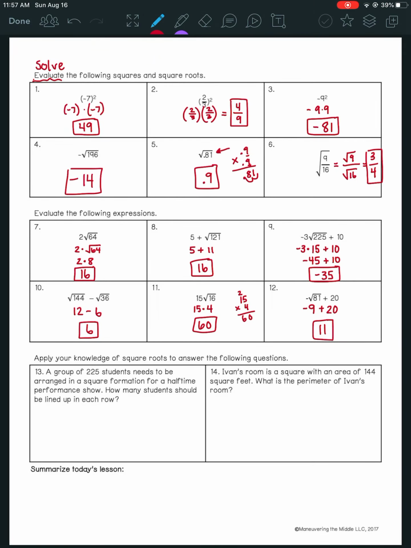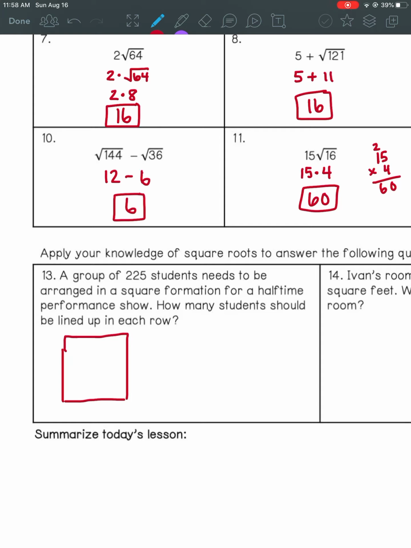Okay? Some story problems here. A group of 225 students need to be arranged in a square formation for a halftime performance show. So we want a perfect square with all of these students. Remember, a square has all the same side measurements. So we want to figure out what times what gives us a total of 225 students in there.